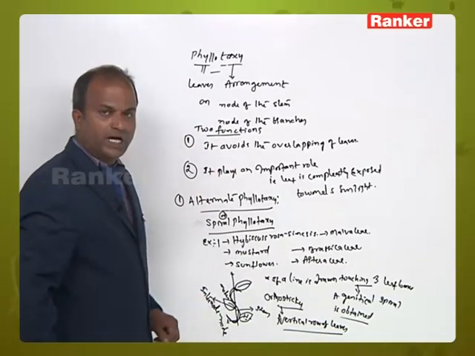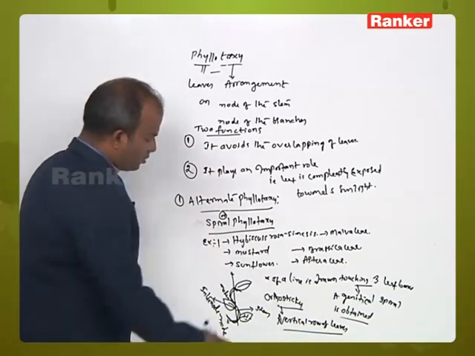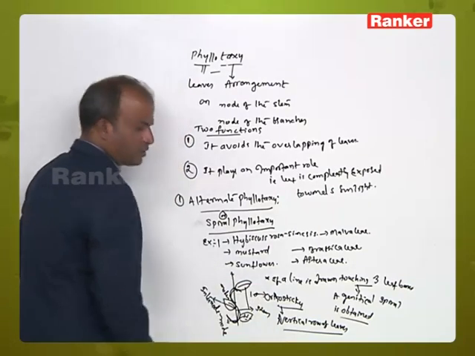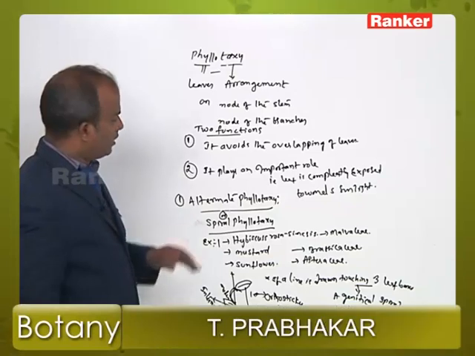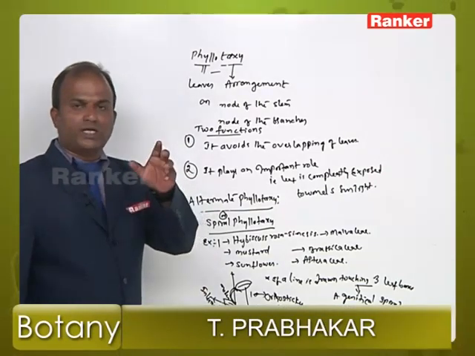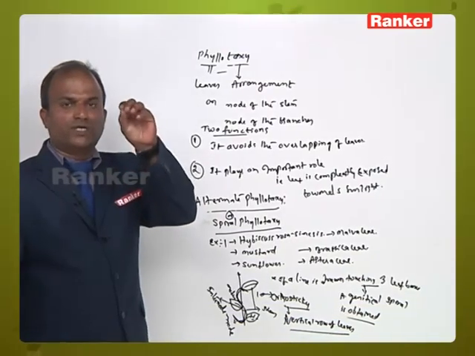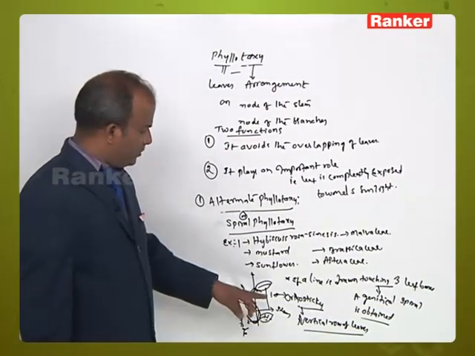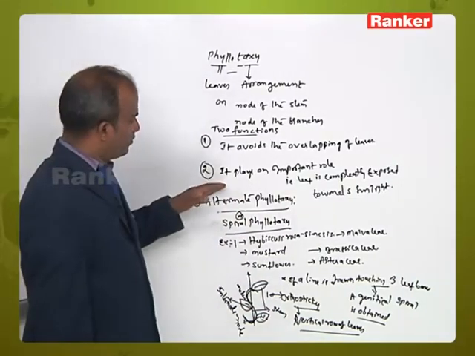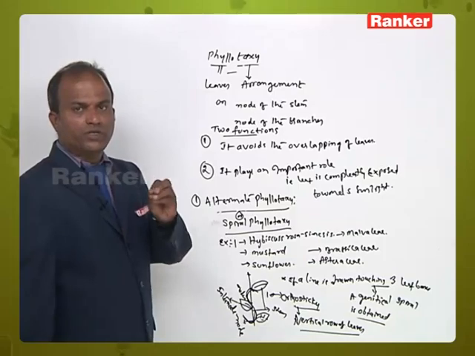Based upon this diagram, only one orthostichy is shown. That means in alternate phyllotaxy, only one orthostichy can be concluded. This is about alternate phyllotaxy.